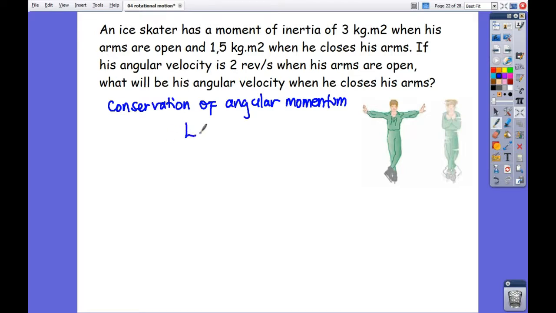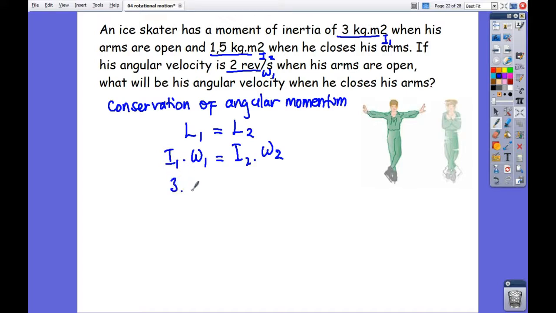So initial angular momentum should be equal to final angular momentum. Angular momentum is moment of inertia times angular velocity. So apply the equation: we have the first moment of inertia I1, the second moment of inertia I2, and the angular velocity afterward is asked.